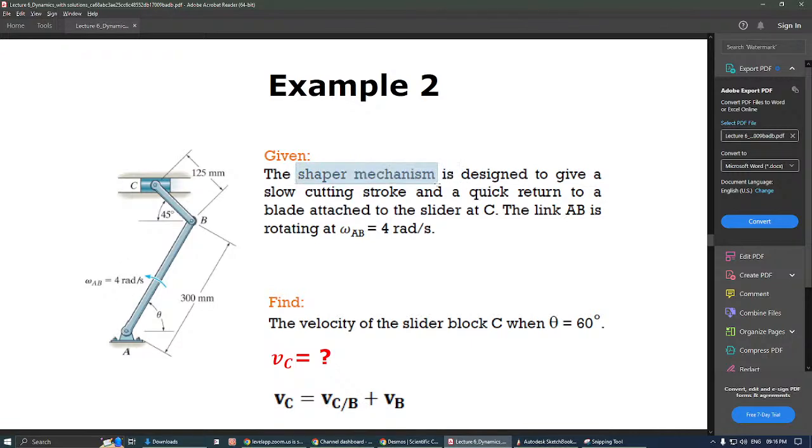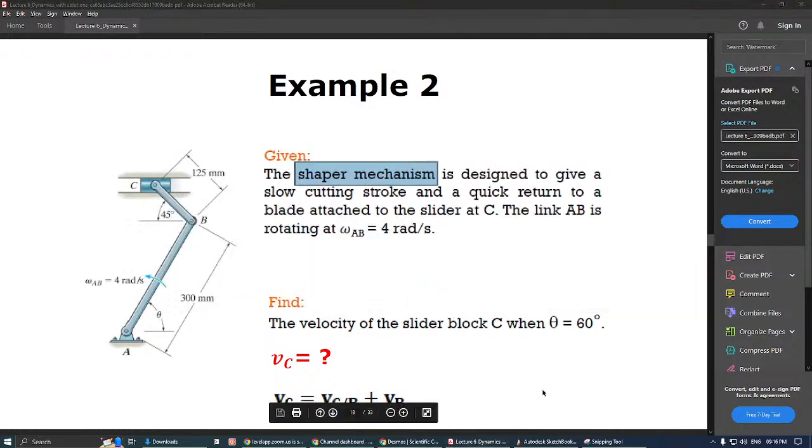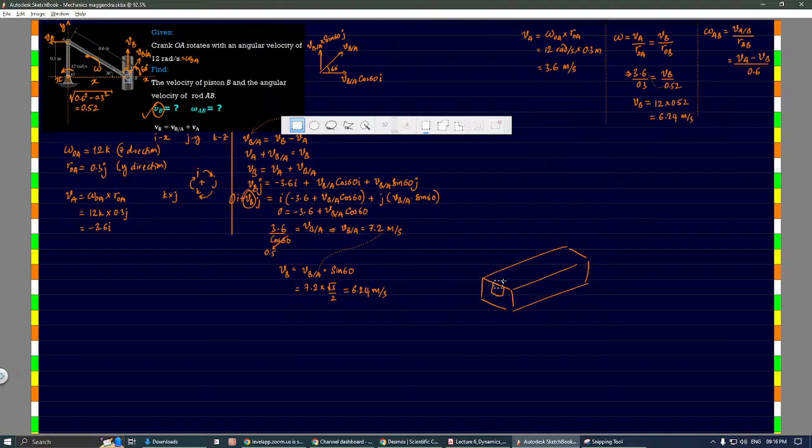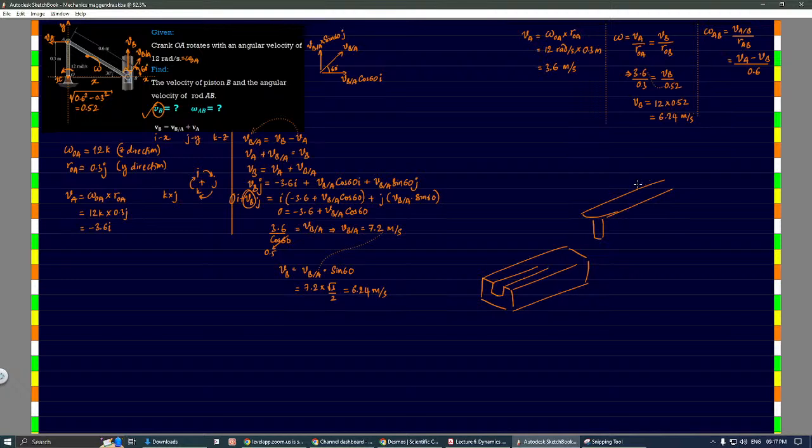Do you know what a shaper machine is? No, sir. A shaper machine is a machine which moves to and fro and is used to do machining. If you have a block like this and you want to make a groove in it, there will be a tool attached to a ram.